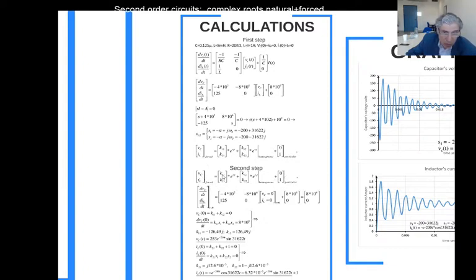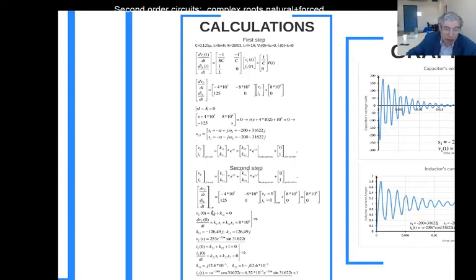VC(t) is equal to K11 e to the power S1t plus K12 e to the power S2t plus 0. So the particular solution is 0. When you replace t with 0, these are going to disappear. K11 plus K12 is equal to the initial condition. We already said that initial condition is 0, so it is equal to 0.